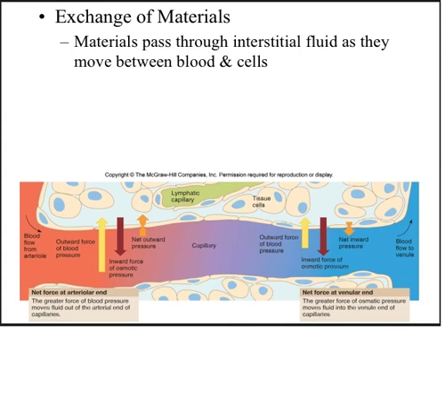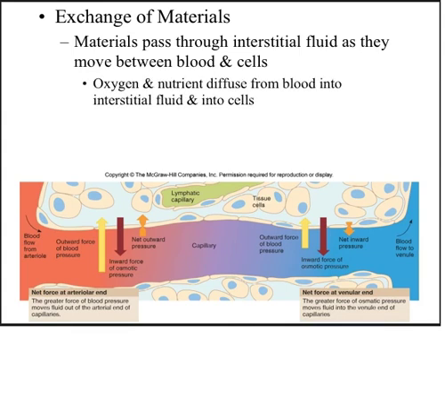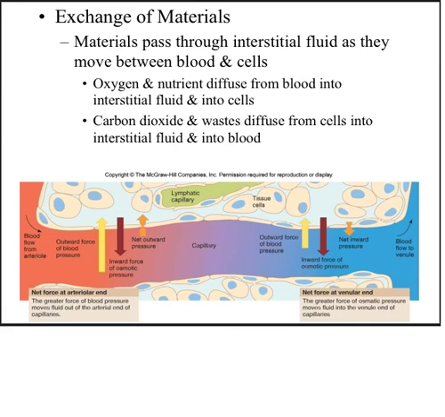Materials pass through the interstitial fluid as they move between the blood and the cells. Remember, that's the fluid between the cells. Oxygen and nutrients diffuse from the blood into the interstitial fluid and into the cells, driven primarily by differences in concentration gradients, as all diffusion is.